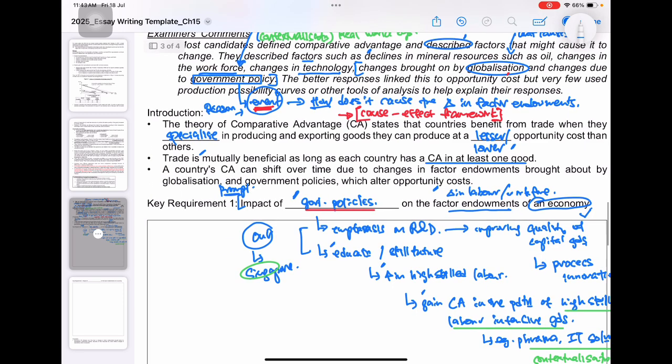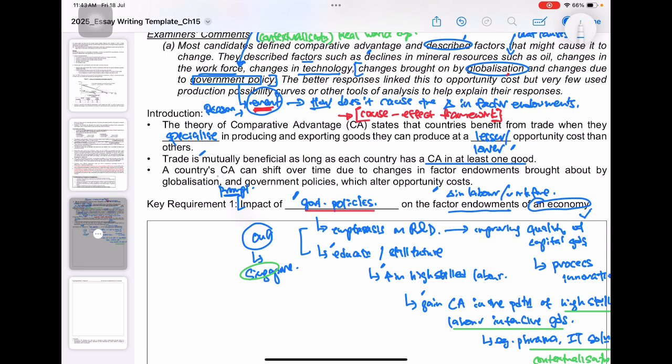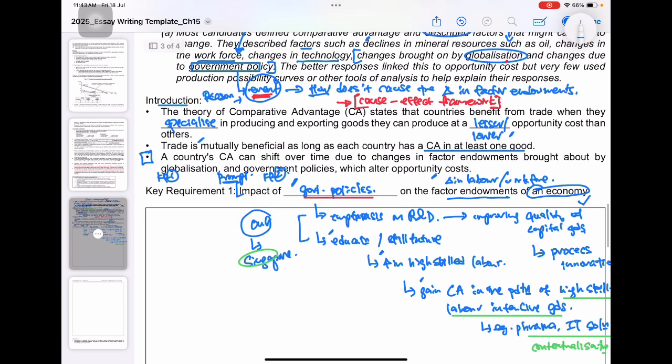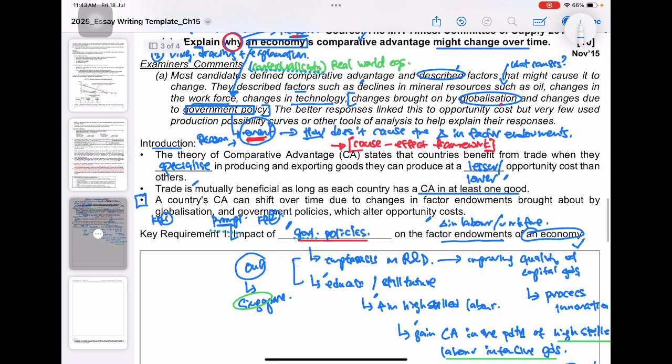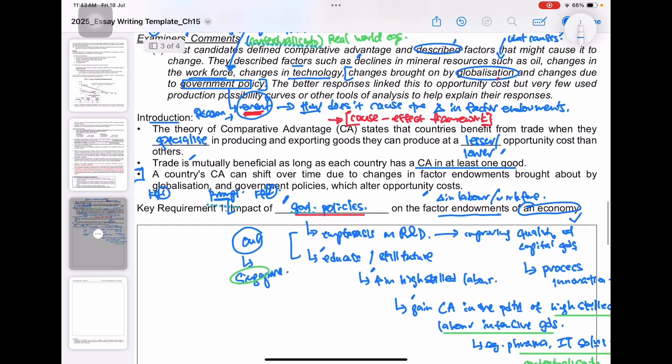Okay, then the last point over here is the country's CA can shift over time. So this is usually the last sentence in your intro to highlight what is your KR1 and your KR2. Okay, so it changes your opportunity cost. So later on, we'll be looking at the diagram and how it changes the opportunity cost.